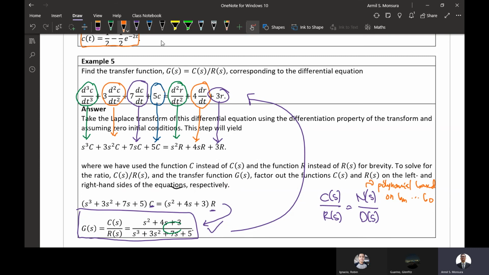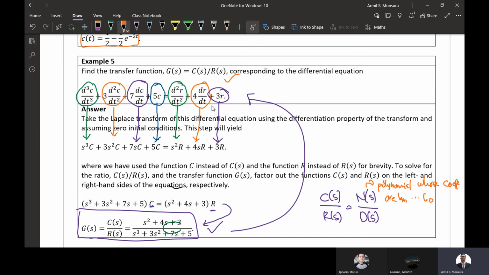And that is found on the right side of your equation. So from there, since this is squared, you start with S squared. Okay, so its coefficient is 1. So 1 times S squared plus 4 times S plus 3.